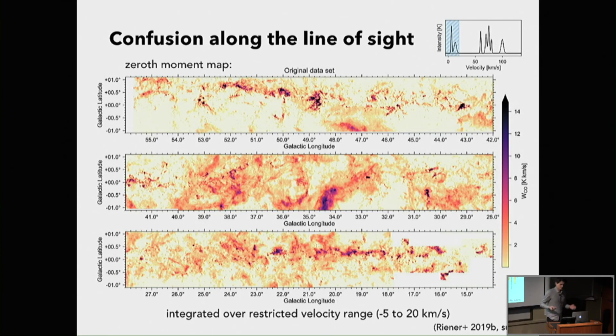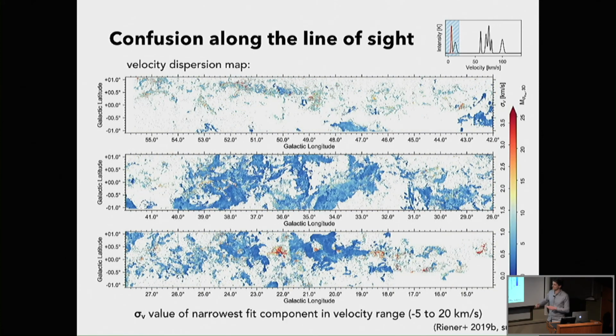I will now illustrate how this can help us to actually disentangle the emission that we see here. So if I now go from this emission map to the next map, I show you, from our fit components, the narrowest velocity dispersion that we have in this restricted velocity regime. So even if we have multiple fit components, I only focus on the narrowest one.